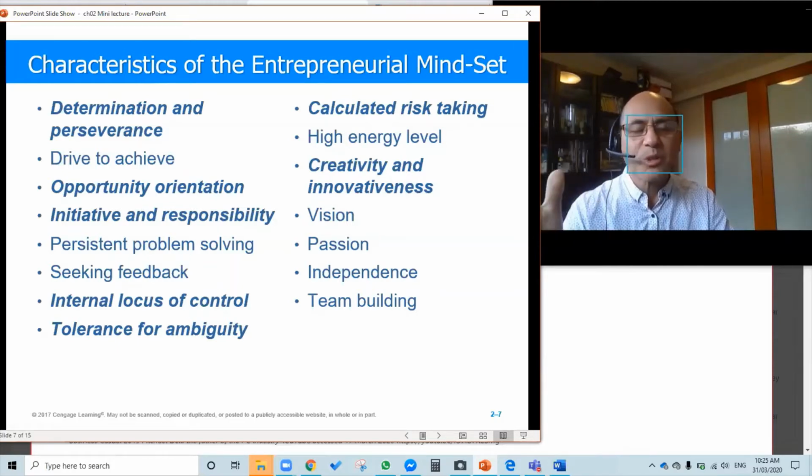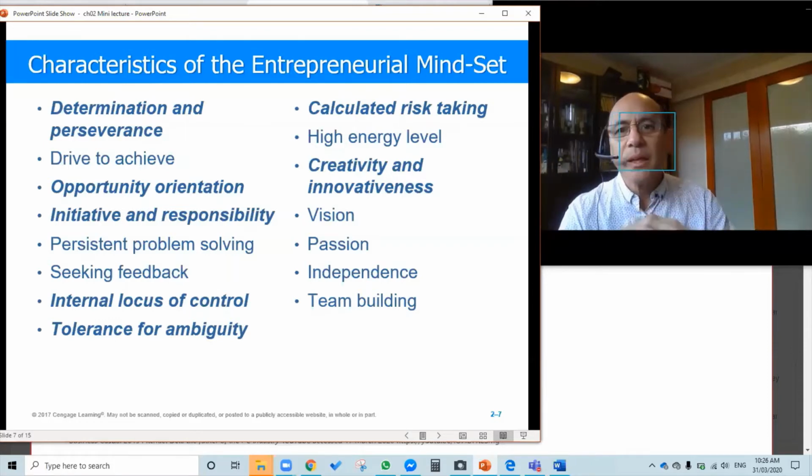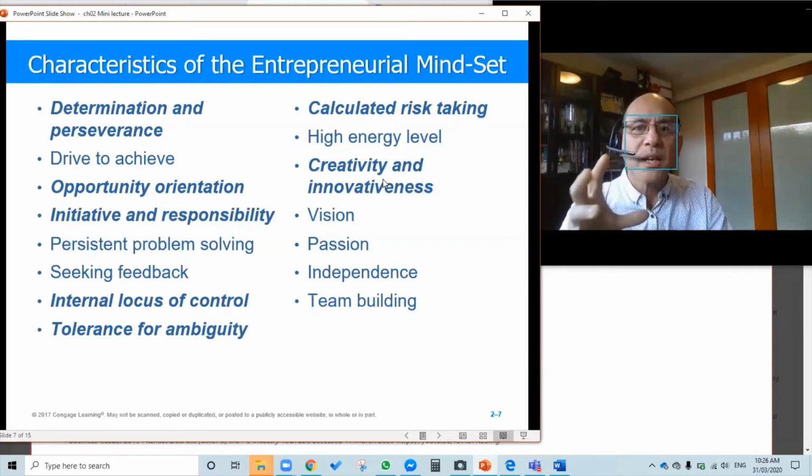So, and I'm assuming the cliff is high enough. And most entrepreneurs have a strong sense of creativity and innovativeness. What that means is they're willing to look at the bright side. They're looking to see what unique contribution they can make in any business.